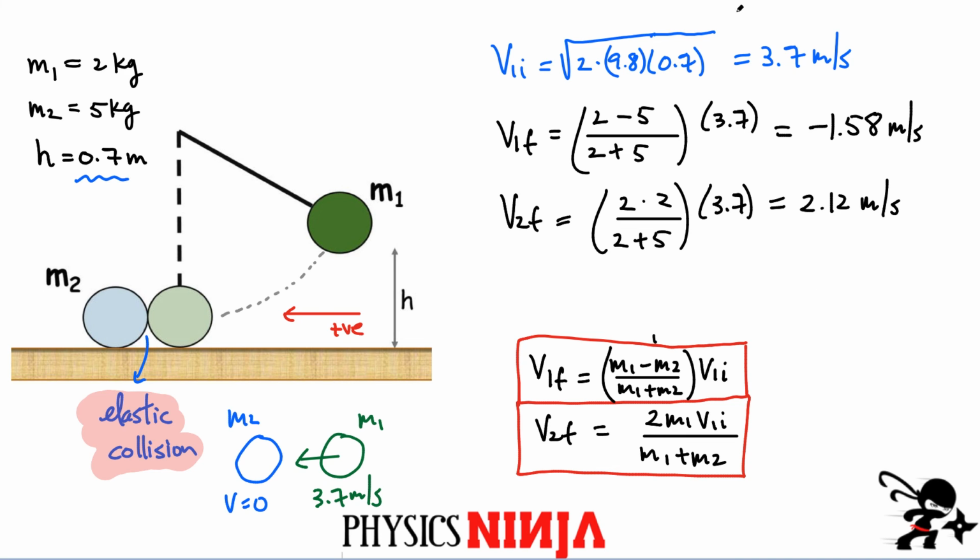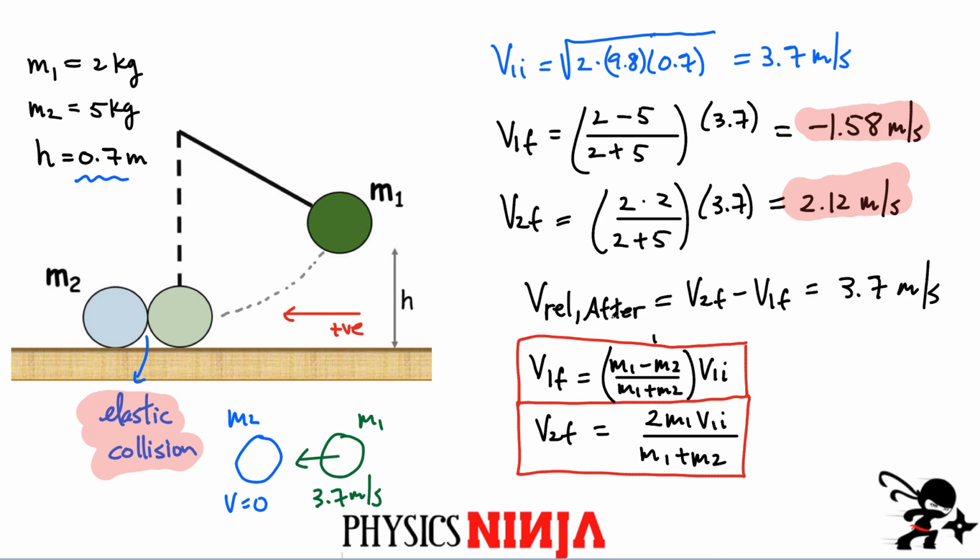This is actually a really important result right here. Let's see what the relative velocity is after the collision. For this, I'm just going to define it as v2 final minus v1 final. What you're going to get here is actually 3.7.